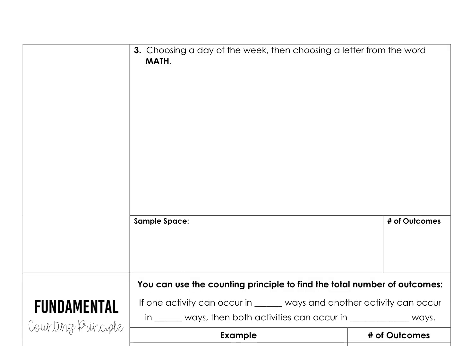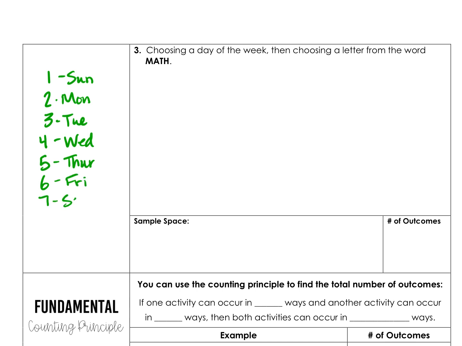If I choose a day of the week and then choose a letter, well, let's number the days of the week. So if I say that 1 is Sunday, 2 is Monday, 3 is Tuesday, 4 is Wednesday, 5 is Thursday, 6 is Friday, and 7 is Saturday.